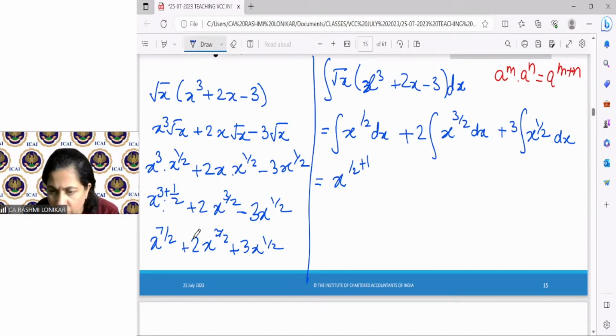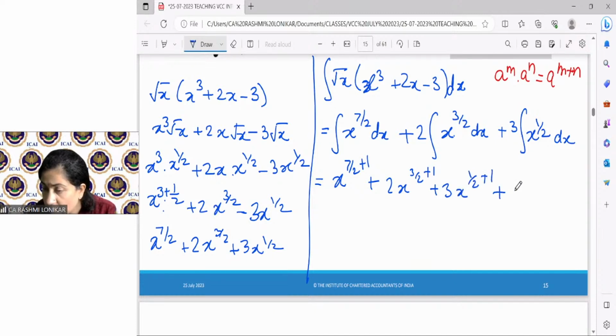Okay, x raised to 7 by 2, x raised to 3 by 2, and x raised to half. So this is 7 by 2. So 7 by 2 plus 1, 2 x raised to 3 by 2 plus 1, plus 3 x raised to 1 half plus 1, plus c.